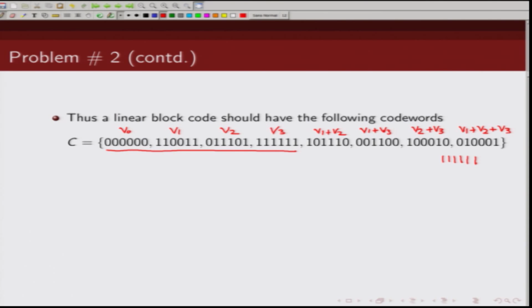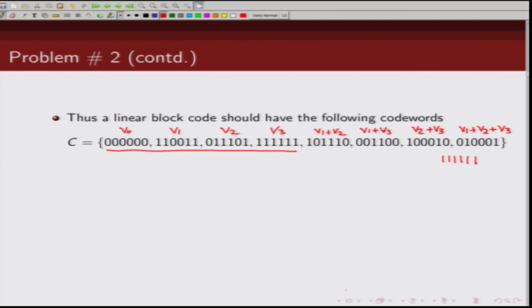Similarly, take these 2. This one is V1 plus V2 and this is V2 plus V3. If we add them, what we get is V1 plus V3. If we consider these two, we will get V2. If we consider this, we will get V3. If we consider the sum of these two, we will get V3.